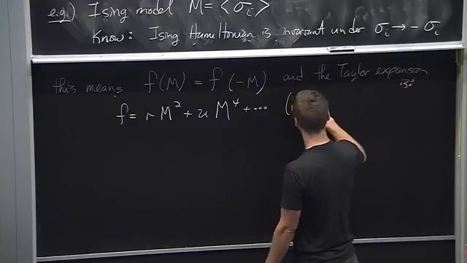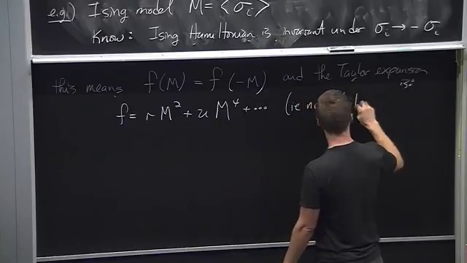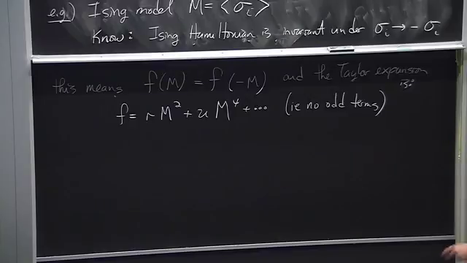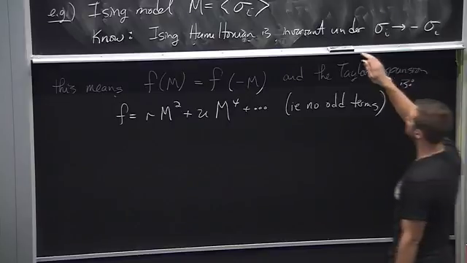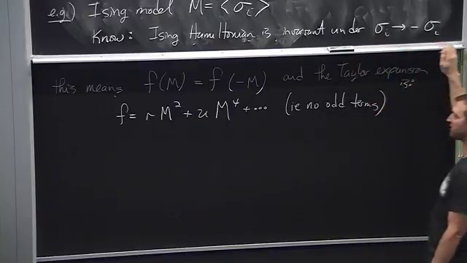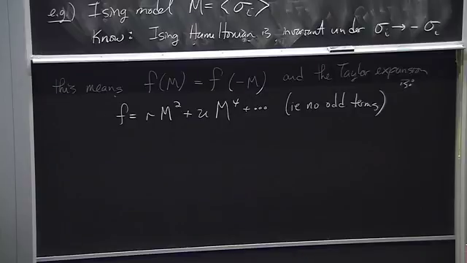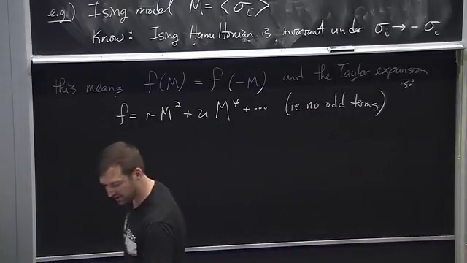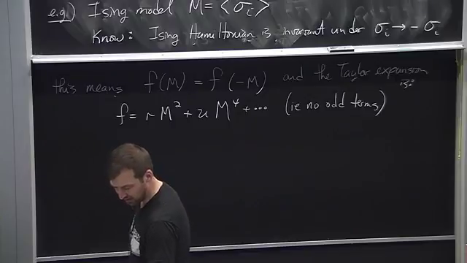That's the point. With no magnetic field, there's no odd terms, because of this invariance. If we don't have this invariance, we have to be more careful. In question 2, you're just looking at a phenomenological Landau theory that has a linear term in M.